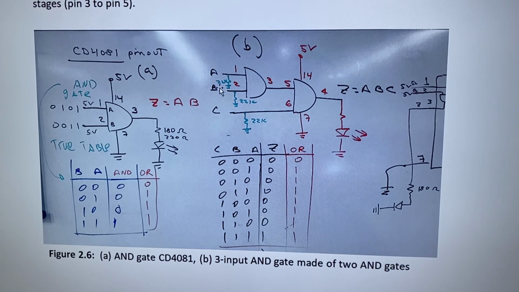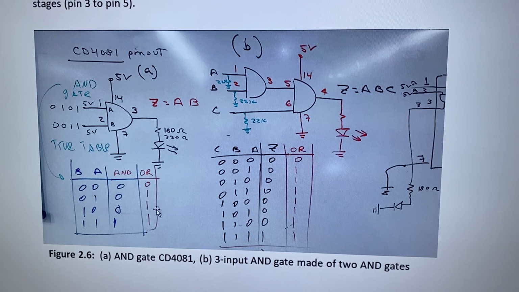So now you have A, B, and the output goes to this AND gate, and the other input here, pin 6, will be your input C. So you have 3 inputs, and the output will be 1 only when A and B and C are 1s. So this is a gate called all or nothing. Only when the 3 inputs are 1, your output is 1.